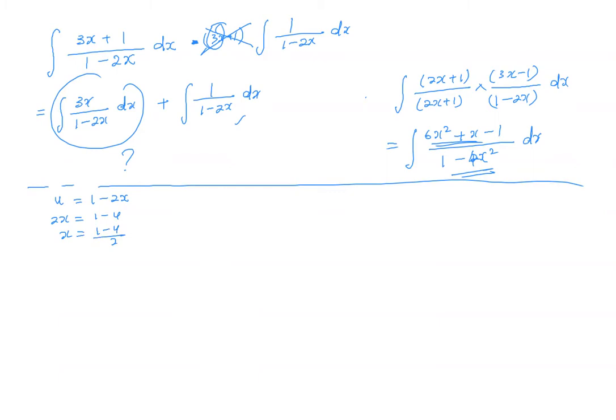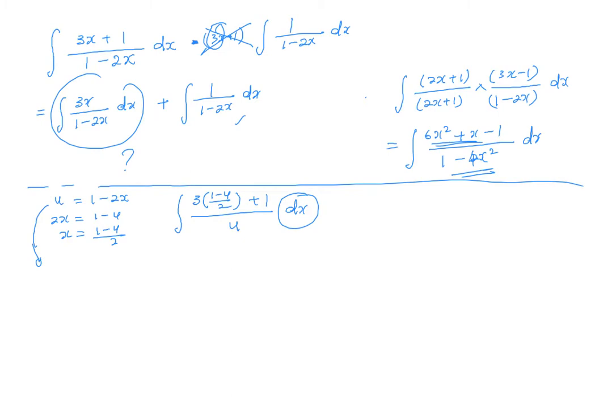So now I sub. 3 times 1 minus u over 2 plus 1, divided by u. But here is dx, correct? So what should I do from here? Hello, class?